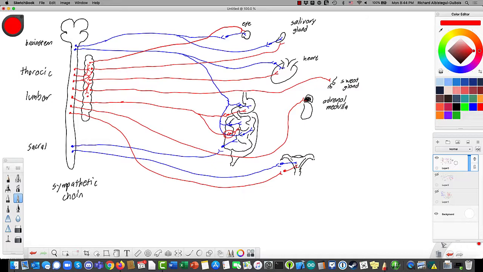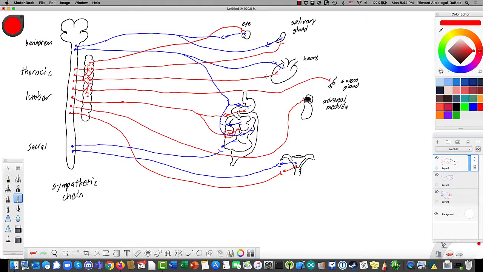So what you're seeing here is that the parasympathetic pathway has its ganglia close to the target and originates in the brainstem and sacral spine. One other interesting thing is that the stuff in the middle of the body, in the thorax and upper and mid-abdomen, comes from one of the cells in the brainstem that then comes down on the vagus nerve to get to all this stuff in the thorax and abdomen.